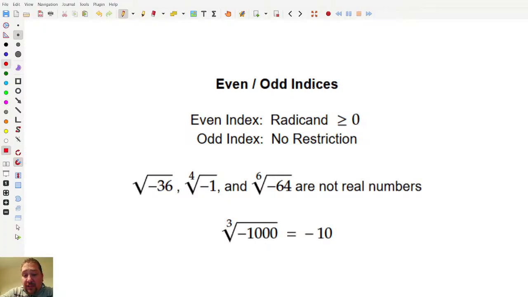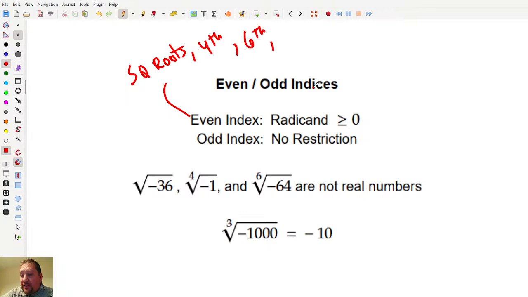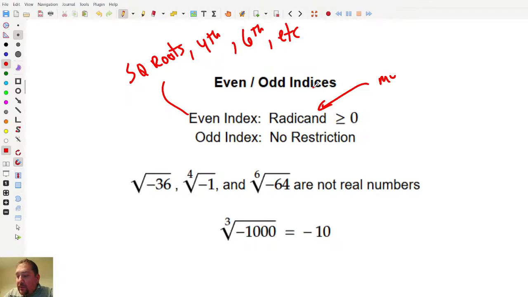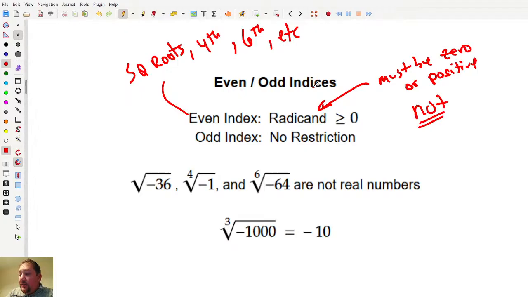Bottom line, things like square roots, fourth roots, sixth roots, etc., any even roots, the inside, fancy word radicand, must be 0 or a positive. In other words, not negative.